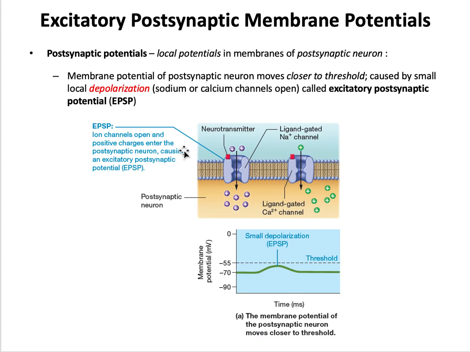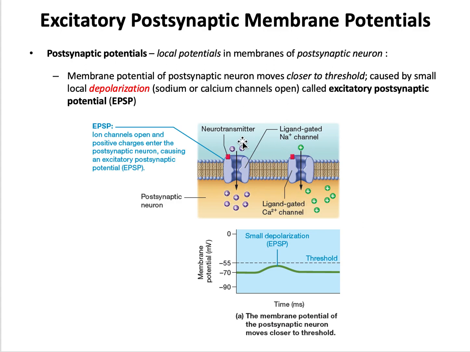Okay, so let's talk a little bit about the excitatory postsynaptic potentials, or EPSPs, first. So here we have our neurotransmitter receptors on the postsynaptic membrane, and are they ionotropic or metabotropic? Hopefully you answered ionotropic. You would be correct, because the binding of the neurotransmitter causes a direct conformational change of these channels and the opening of them so that we can have direct flow of ions into or out of the cell.